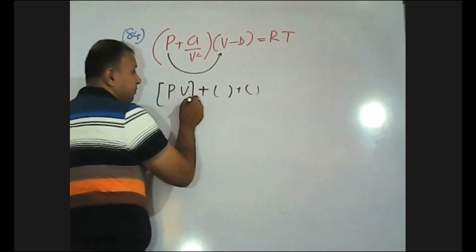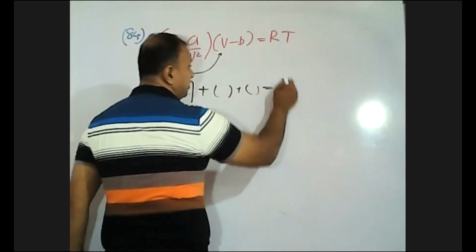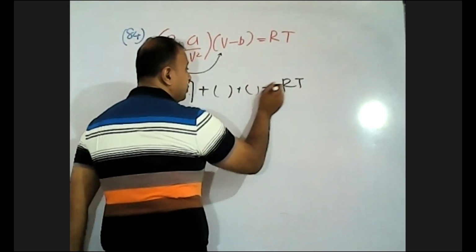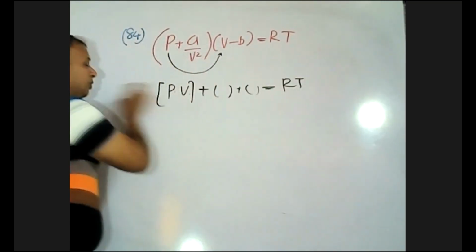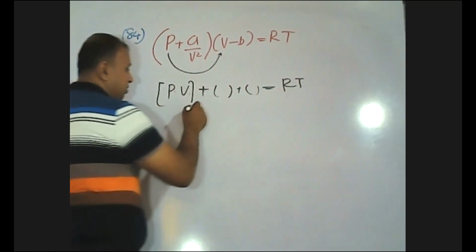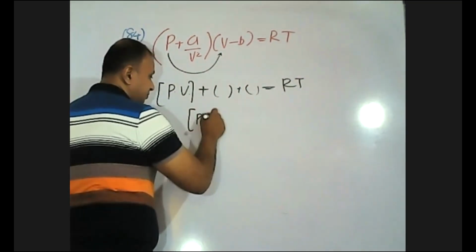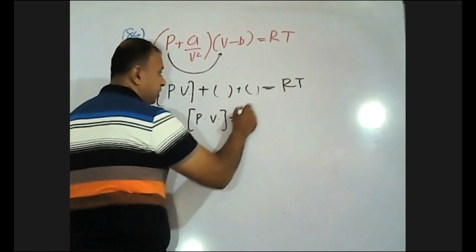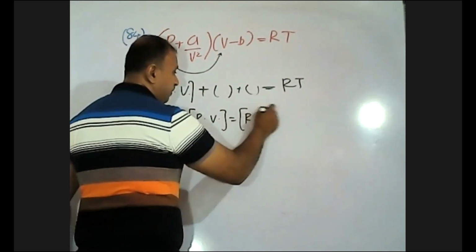Therefore, the dimension of RT should be equal to the dimension of PV.